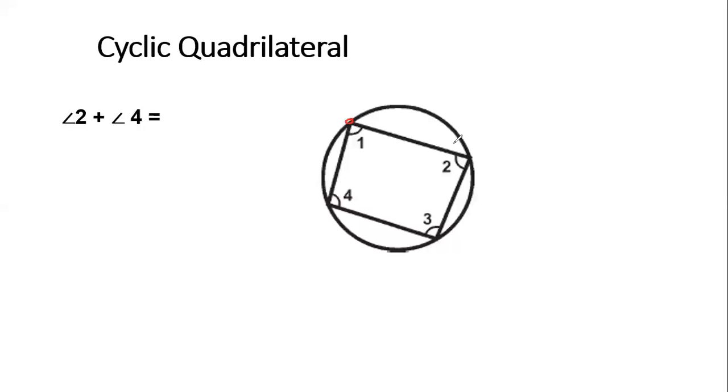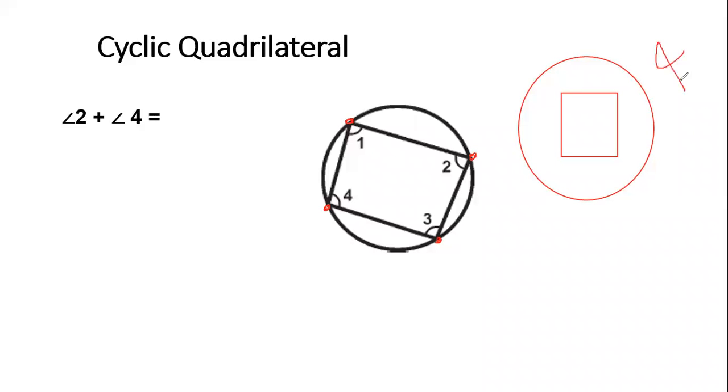Be careful: if I draw a quadrilateral inside a circle, that's not called a cyclic quadrilateral, because the vertices are not touching the circle. So if a circle is drawn passing through the four vertices of a quadrilateral, then the quadrilateral is said to be a cyclic quadrilateral.